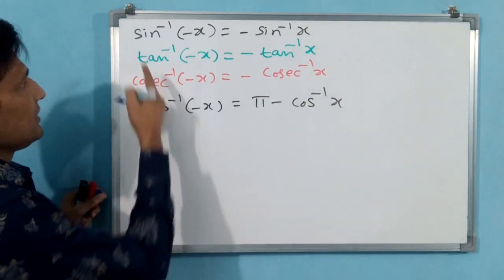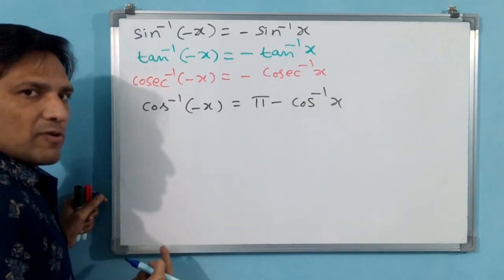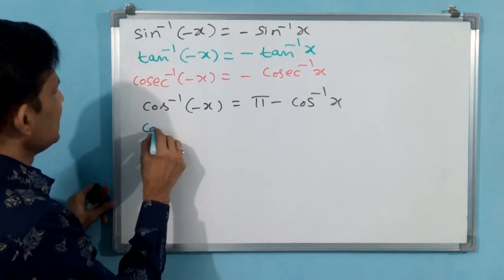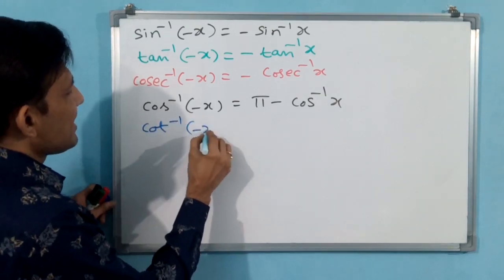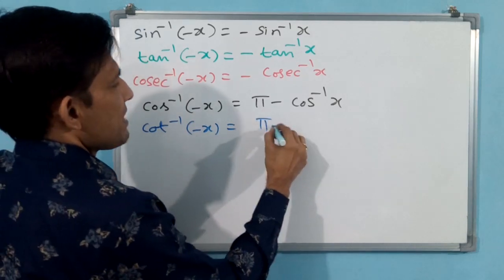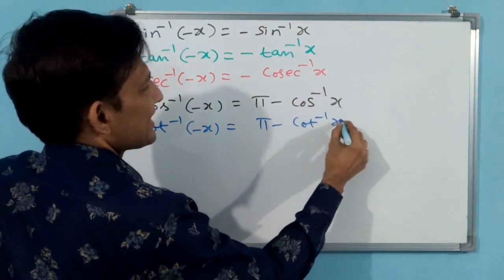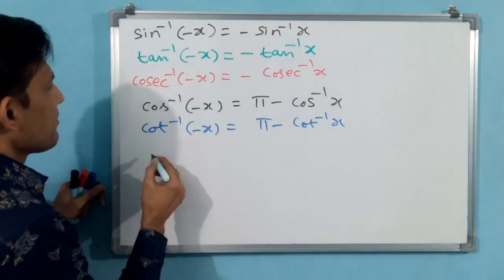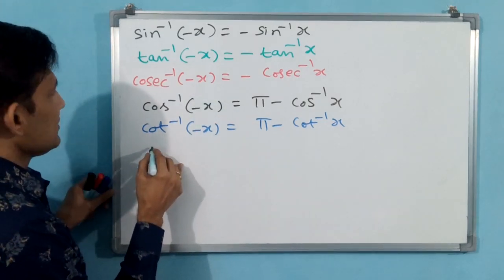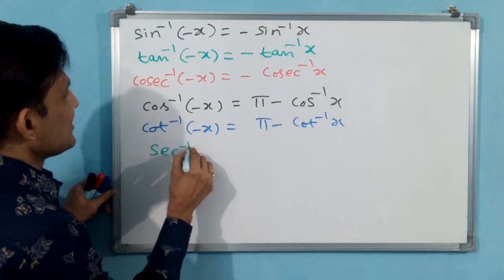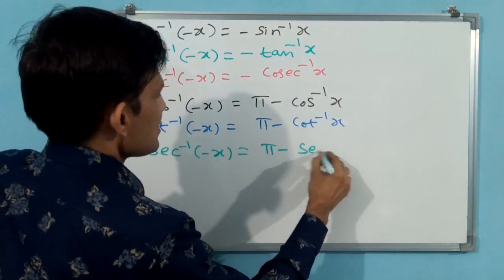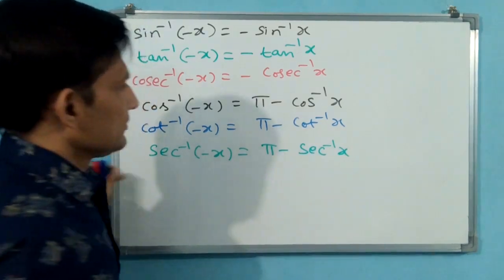Sin, tan, cosecant are over. Now cos, cot, secant. Cot inverse minus x is equal to pi minus cot inverse x. This is one property. Another property: secant inverse minus x is equal to pi minus secant inverse x.